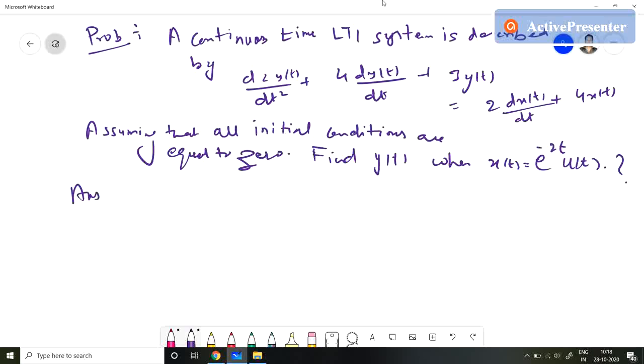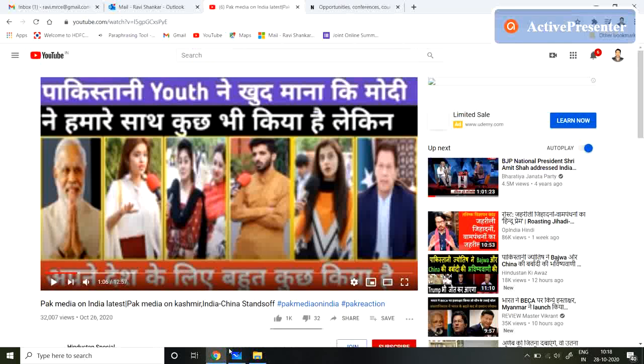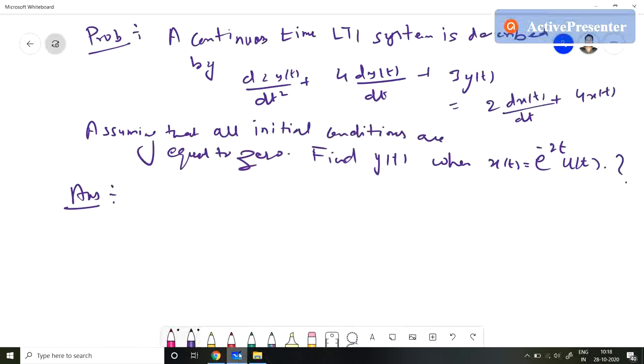So we need to find out the response of the system when input is provided and input is given as x(t) equal to e raised to the power minus 2t into u(t). The input is given. Now we need to find out the output y(t), that is the response of the system. So it is given that all initial conditions are 0.